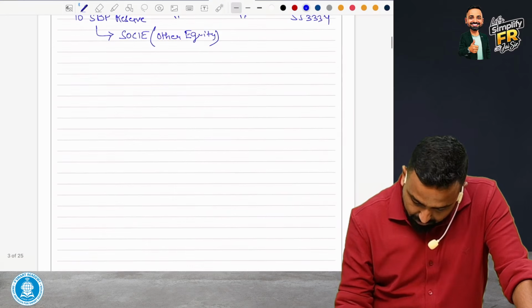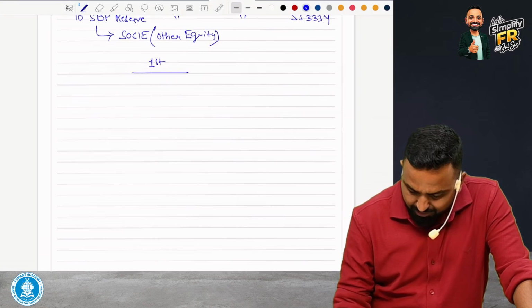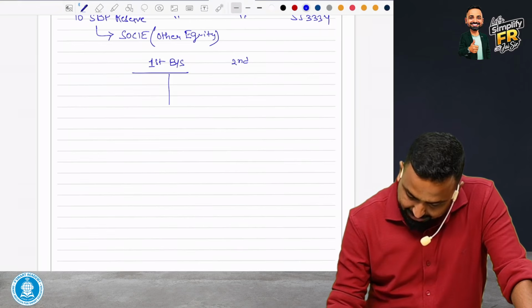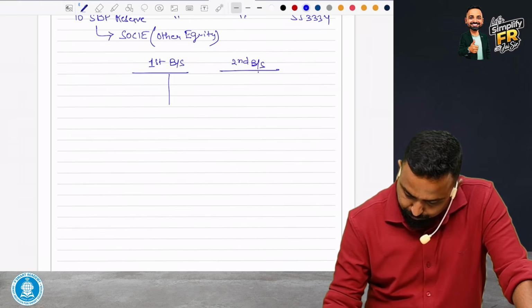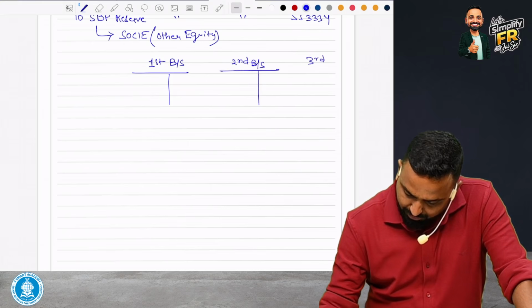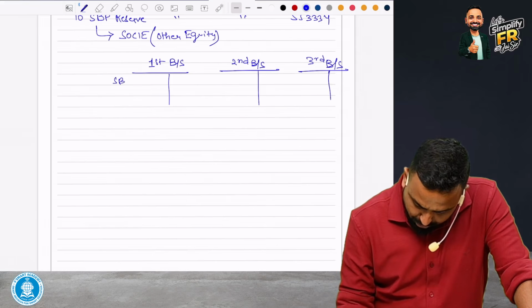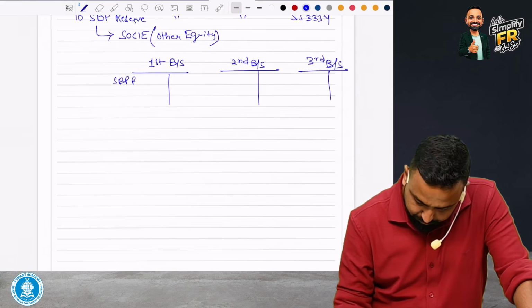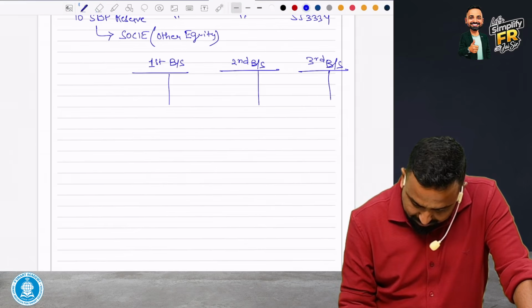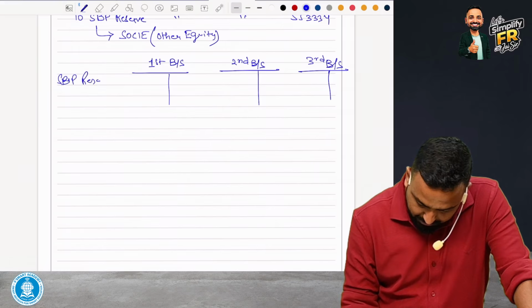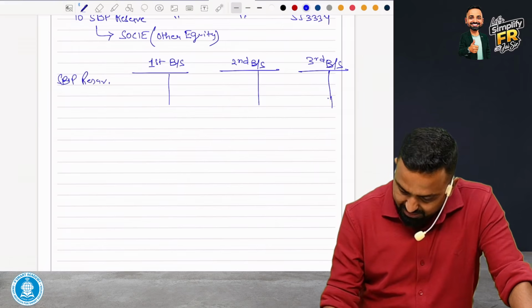So tell me, in the first year balance sheet, in the second year balance sheet, in the third year balance sheet, what is the SBP reserve balance? Please tell me.